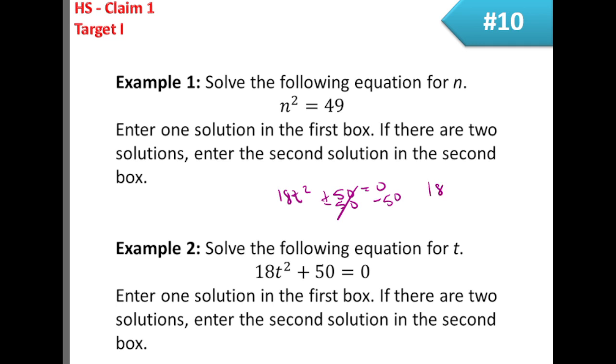I have 18t squared equals negative 50. Divide by 18. So t squared equals negative 50 over 18.